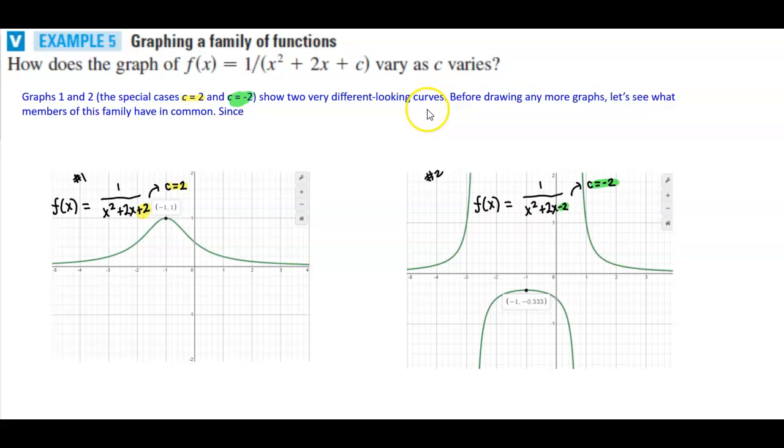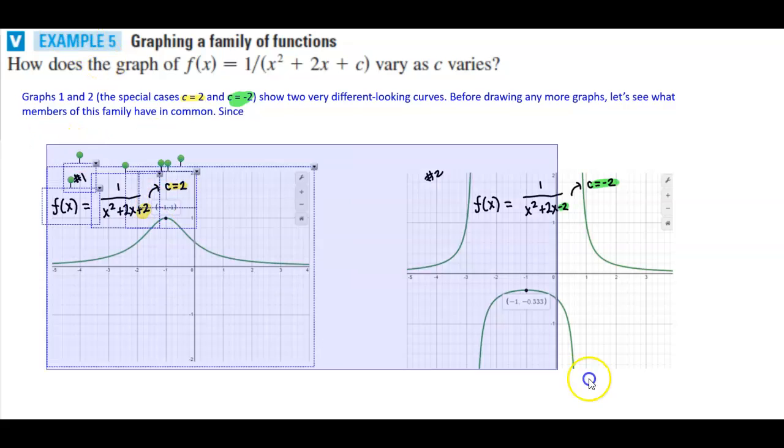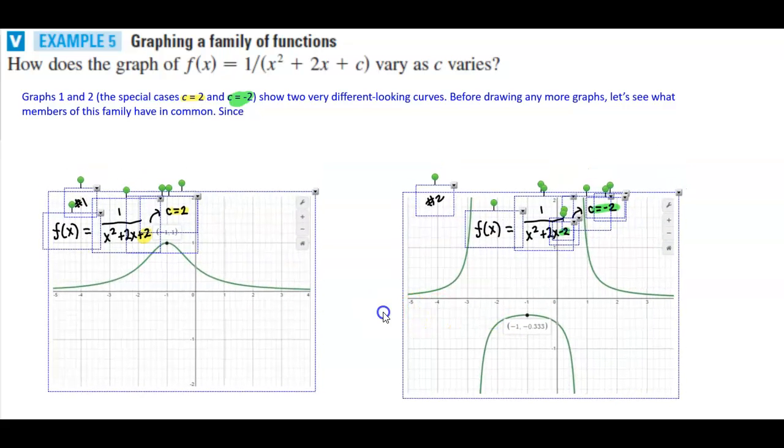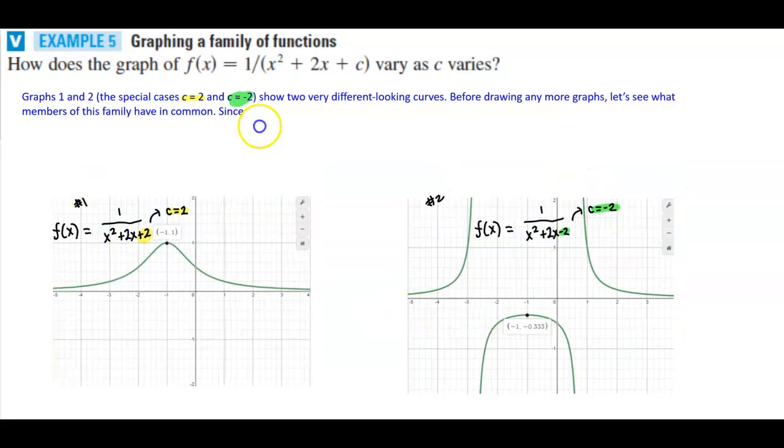What we want to do is show two different looking curves. So before drawing any more graphs, let's see what the members of this family have in common. If you take a look at these two graphs, this one looks a little bit different than this one depending on the value of c. So let's find the limit of this function as x approaches positive and negative infinity.